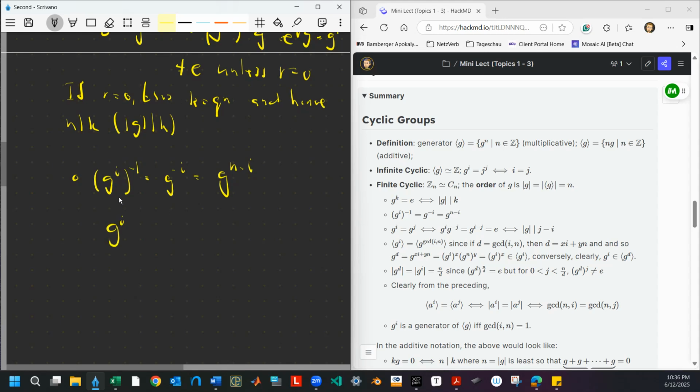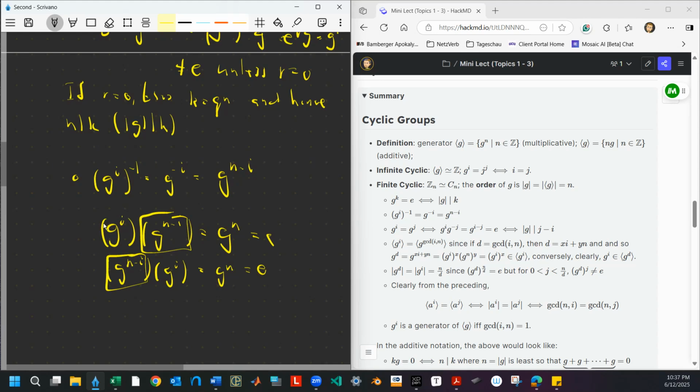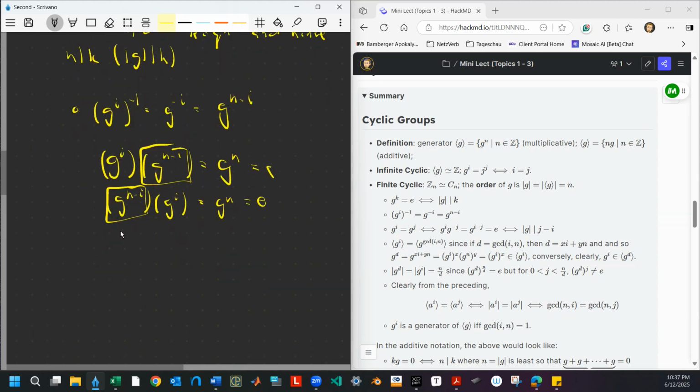So g^i times g^(n-i) is equal to g^n, and similarly g^(n-i) g^i is g^n, but these are both e, right? And so in particular, this thing behaves like an inverse to g^i, and we saw before that anything that behaves like an inverse to g^i is the inverse of g^i. So (g^i) inverse is equal to g^(n-i), which is what was claimed.